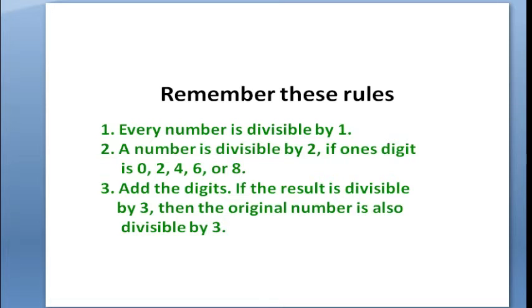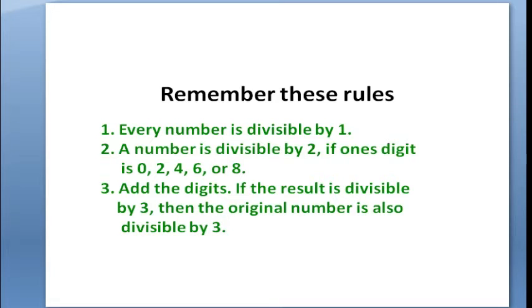Rule number 2, a number is divisible by 2 if its ones digit is 0, 2, 4, 6 or 8. I repeat, students, if the ones digit is 0, 2, 4, 6 or 8, the number is divisible by 2.